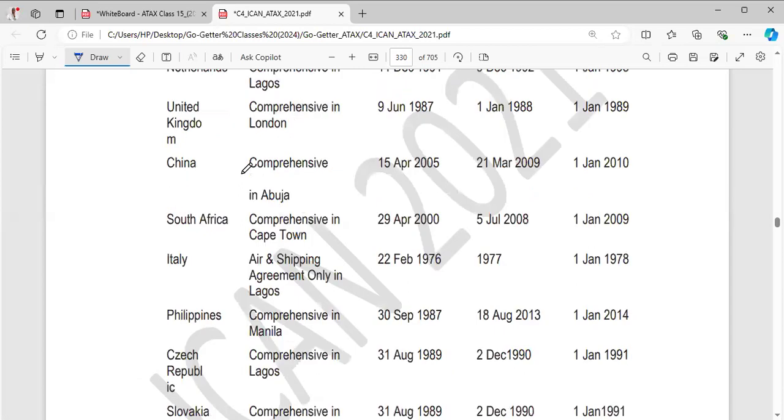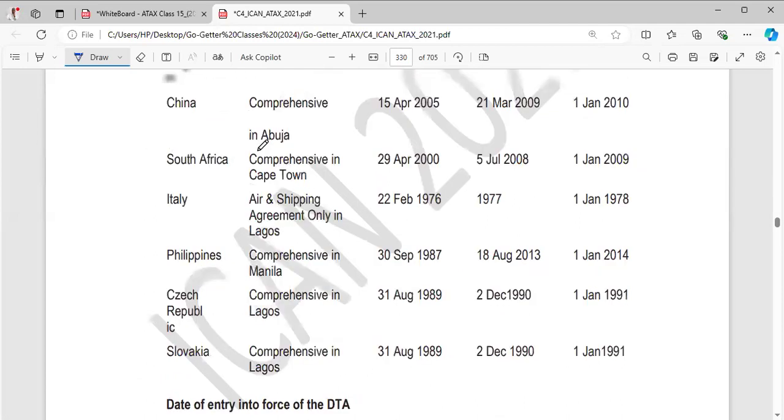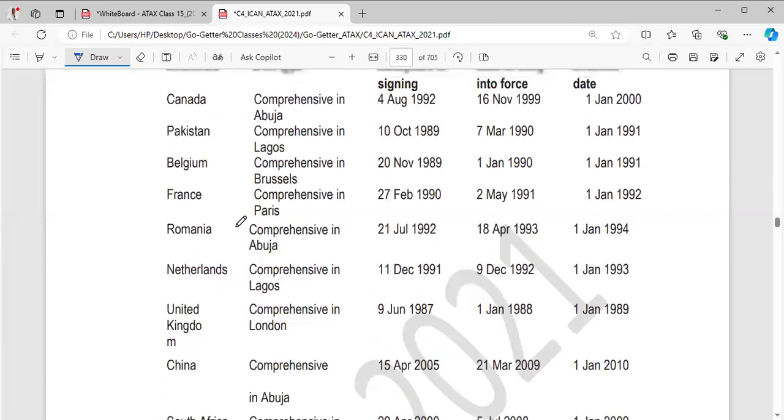So US does not have a double taxation. Let me not use US. Let me use another country. Let's say Ghana. Ghana is not here.